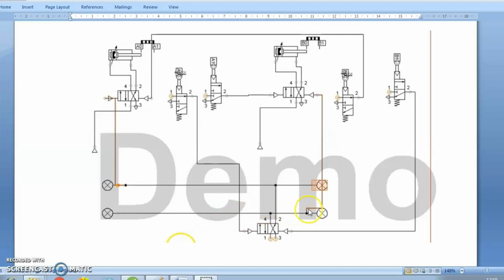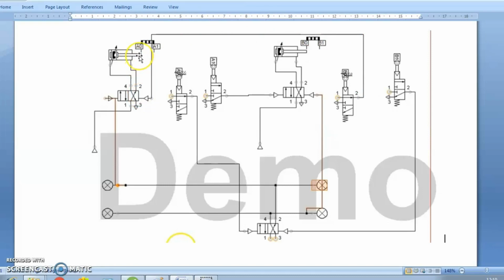From pipe 2 the first operation is B minus. So from pipe 2 we actuate the DCV of B. So cylinder B returns and touches the B naught limit switch. From the B naught limit switch it goes and operates the DCV of cylinder A. So cylinder A returns and A naught is activated.